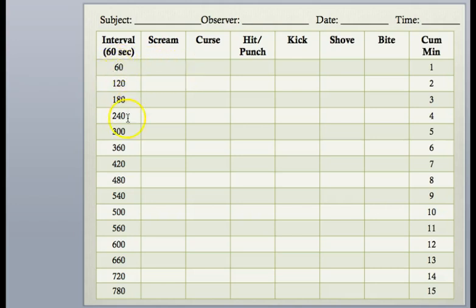So I might want smaller intervals in order to do this. But each of these has a duration, but for example, kicking, shoving, and biting are very short-term. Biting can be long, kicking can be long, but a shove might only last for a moment. So you would only include behaviors that could happen continuously through an entire interval.